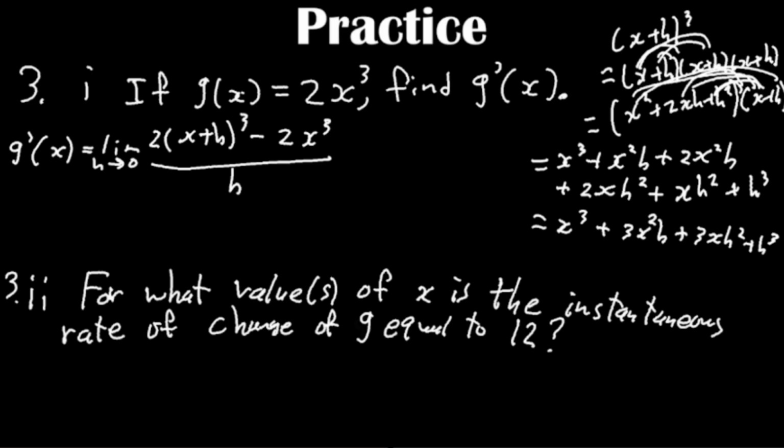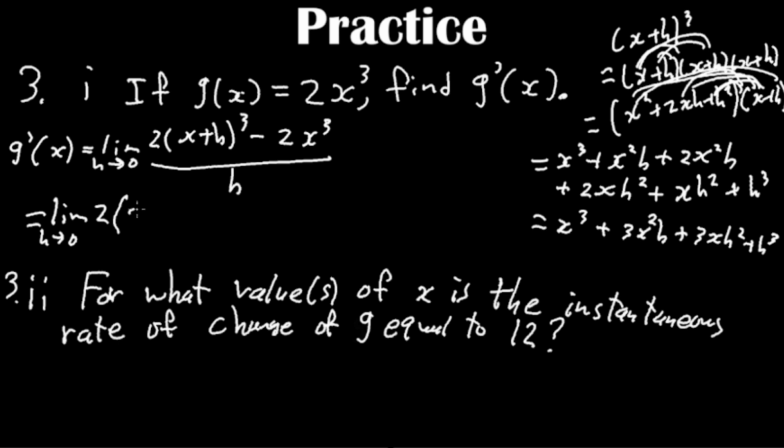Okay. So if we plug that back into our formula over here, this is 2 times x cubed. Since these both have a 2, let's factor out a 2 from the whole expression.